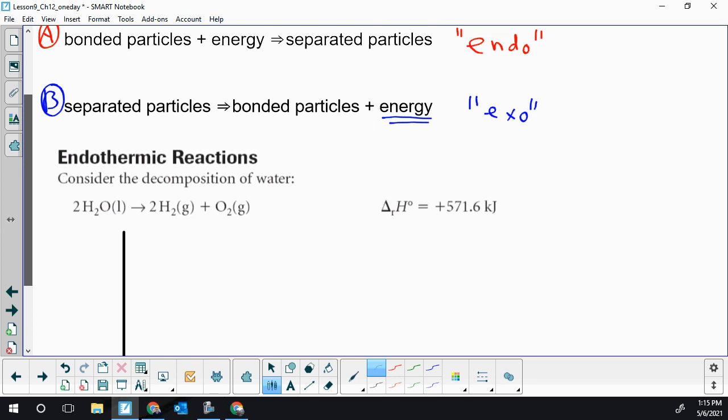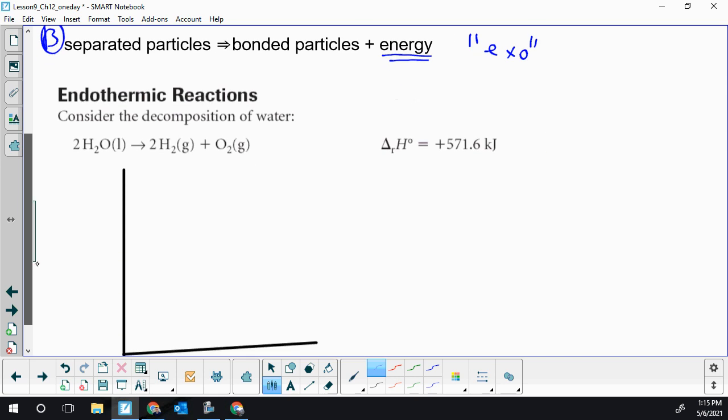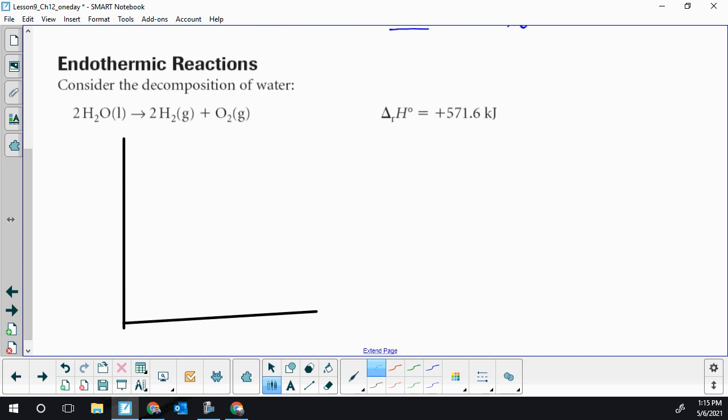So I'm going to get started with my chemical potential energy diagram and then label the red A part and the blue B part. First, I like to get my axes in, so reaction coordinate on the x-axis, potential energy on the y-axis, and we're going to put some numerical values in, in kilojoules.